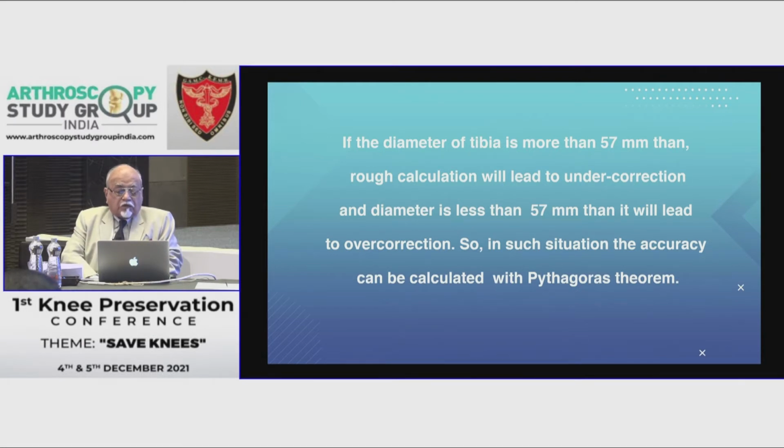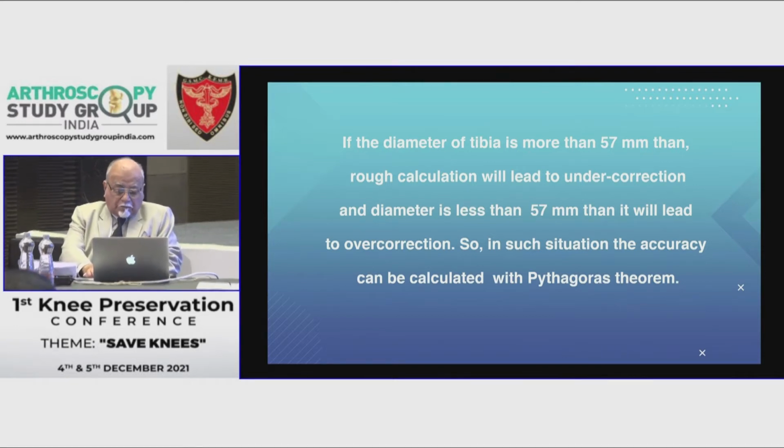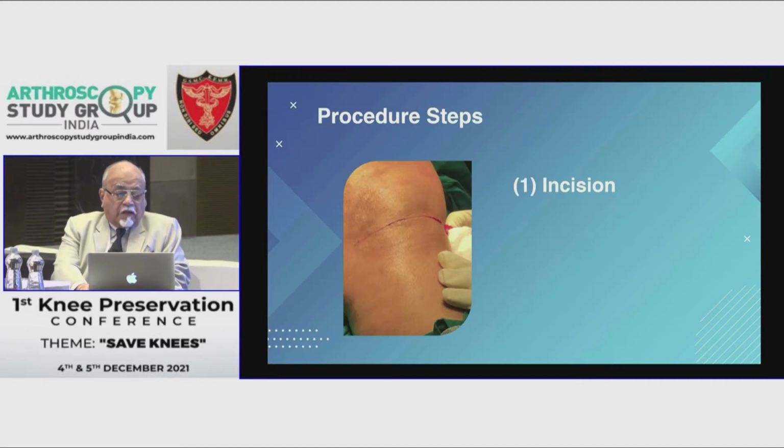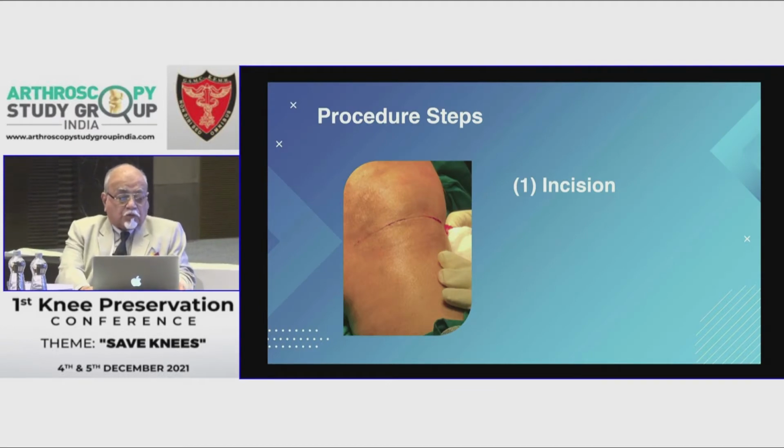And if it is smaller than 57, then it will lead to overcorrection. So in such situation, the accuracy can be calculated with Pythagorean theorem. Now let us go through the procedure of steps.